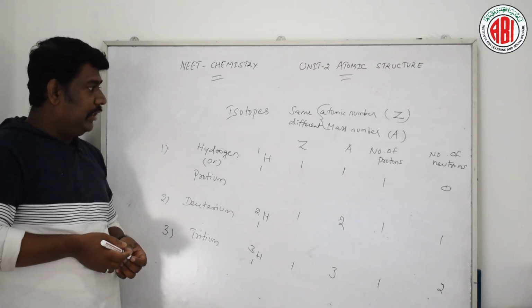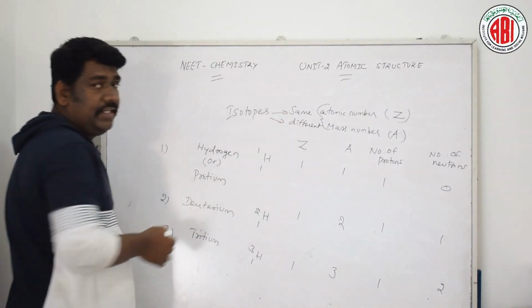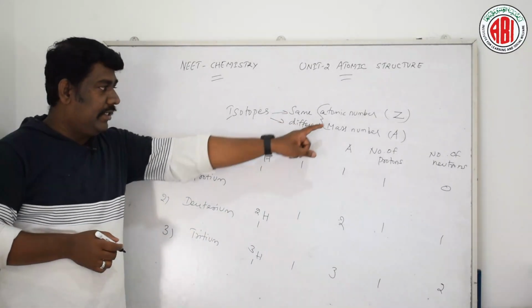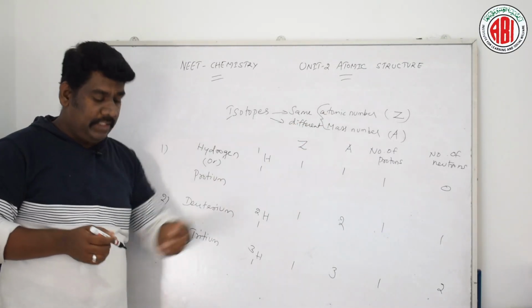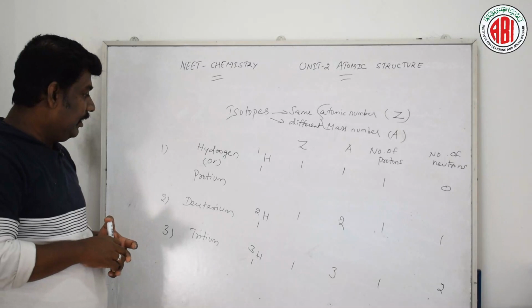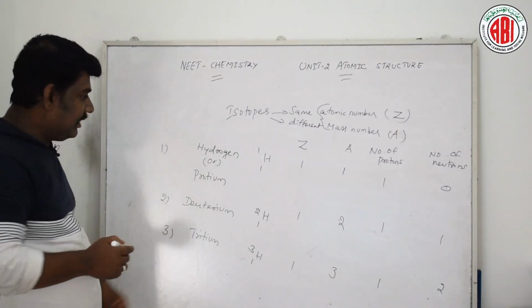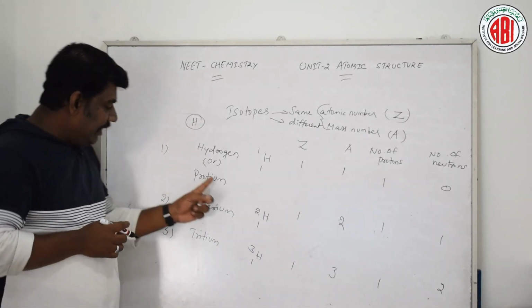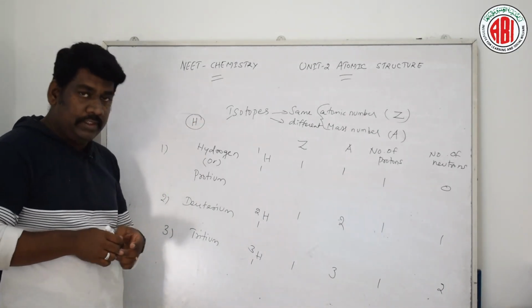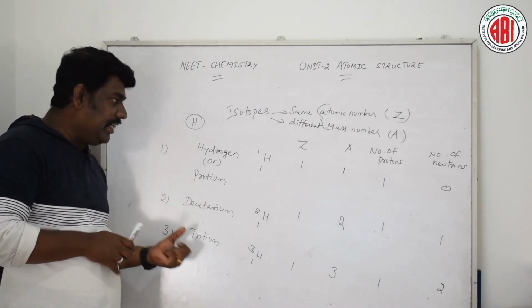As I said, isotopes have the same atomic number and different mass numbers; atomic number is denoted with the letter Z and mass number with the capital letter A. For hydrogen we have three different forms of isotopes, commonly called protium, deuterium and tritium.